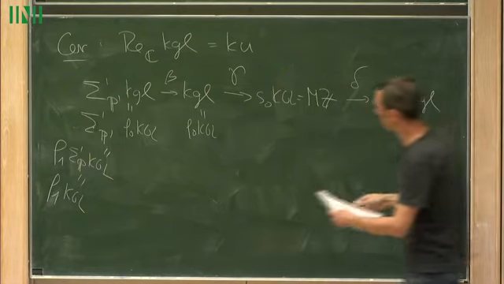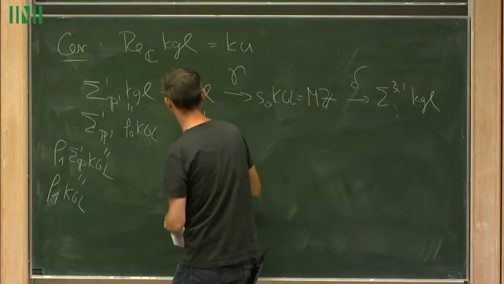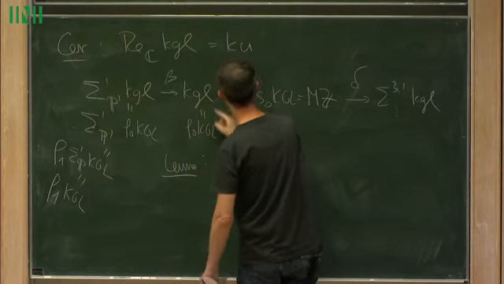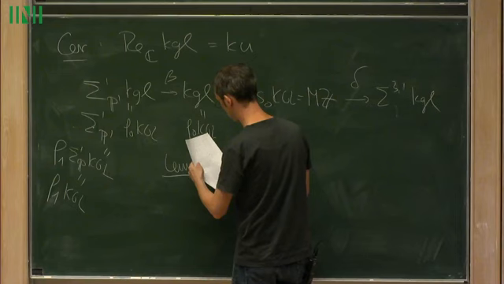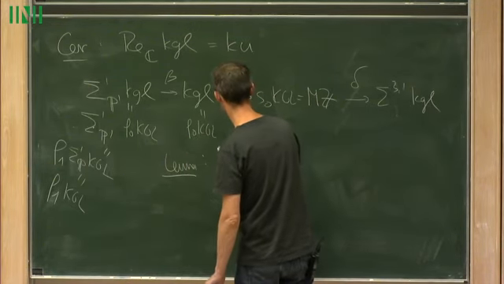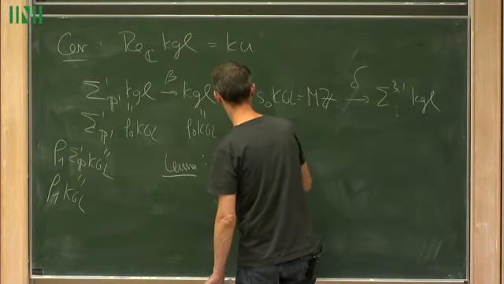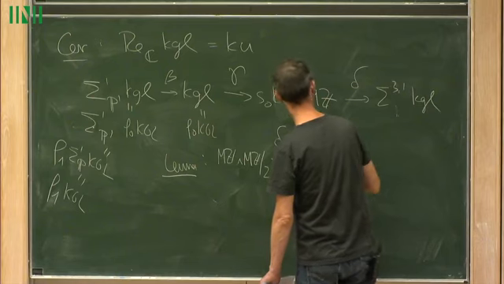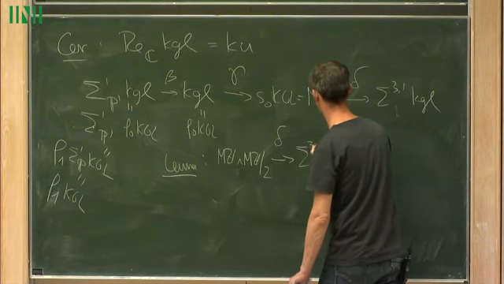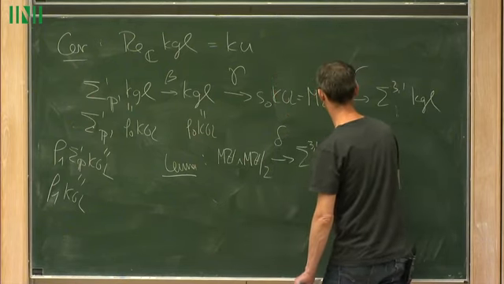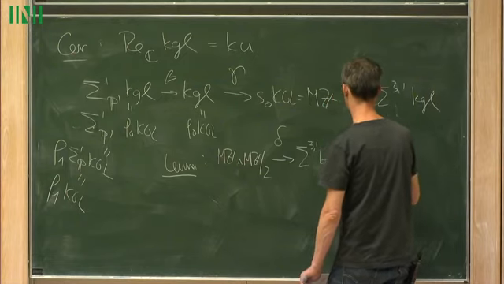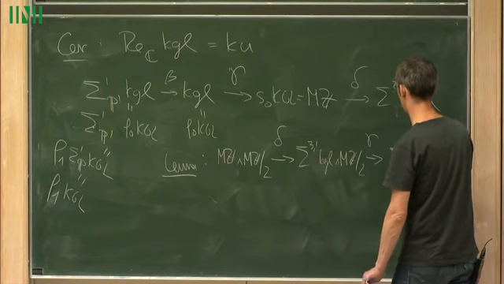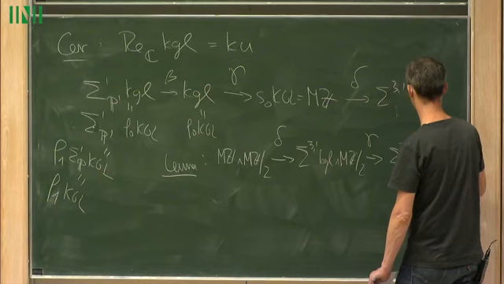Okay, and we have the following lemma. So you smash these maps suitably with mod 2 motivic cohomology. First let's take delta, then we land here, and then we take gamma, and then we land here.